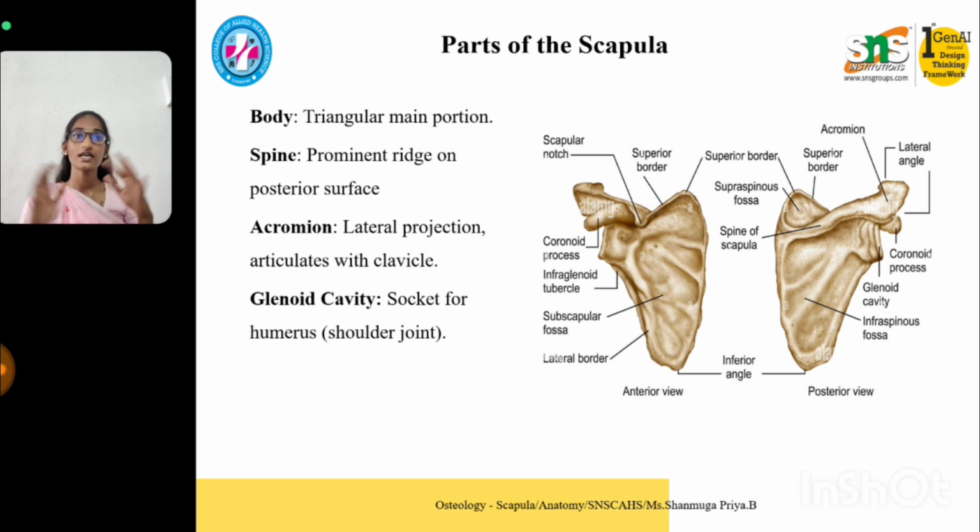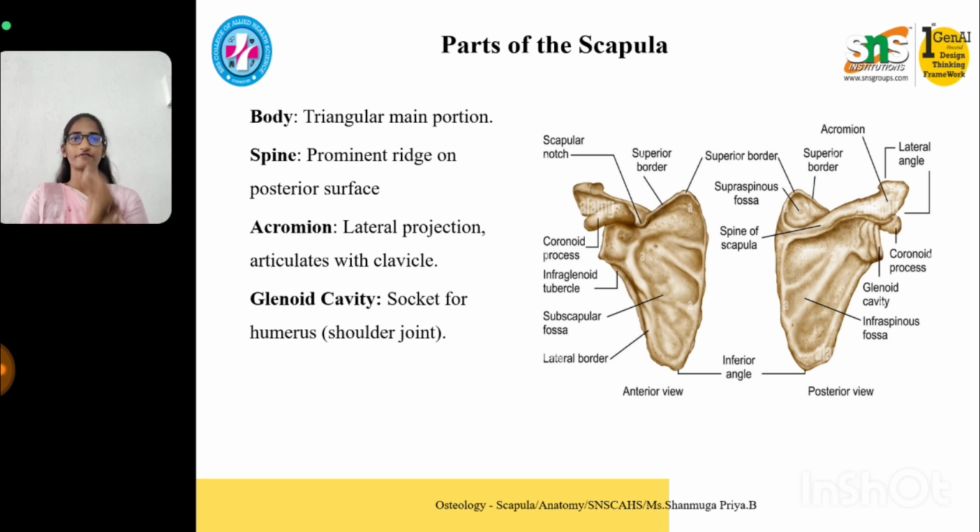This spine extends laterally into the acromion, a bony projection that connects to the clavicle, forming the acromioclavicular joint. Finally, the glenoid cavity is a shallow socket on the lateral side, where the humerus, the upper arm bone, fits to form the shoulder joint.